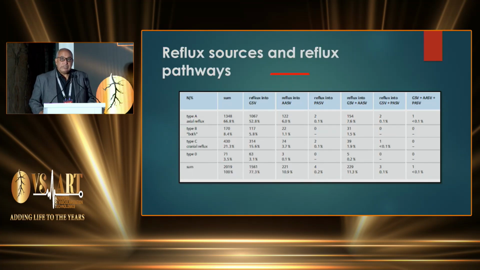As we discussed, of the causes of the axial reflux at the saphenofemoral region, we have 4 types, and we find that the anterior accessory vein represented more than 10% of this reflux. So if we can deal with this 10%, we can minimize, of course, the recurrence of these varices.